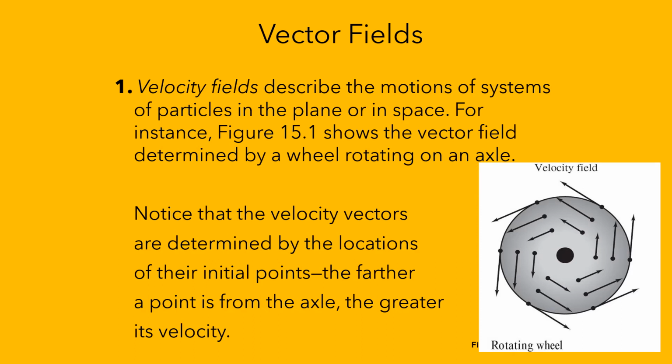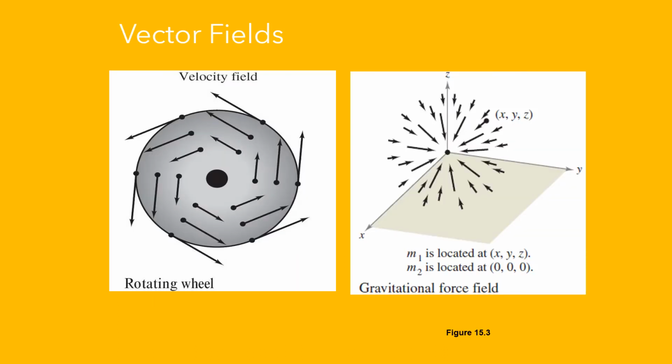When it is moved in an anti-clockwise sense, it is rotated that way. The gravitational force field will look like the diagram in the second figure, where all the forces will be focused on one particular point, which is the center of gravity.